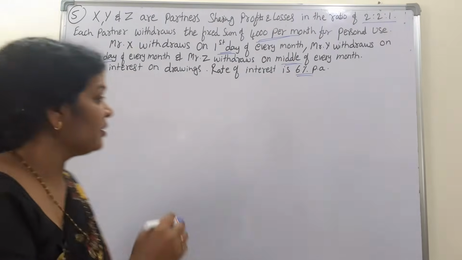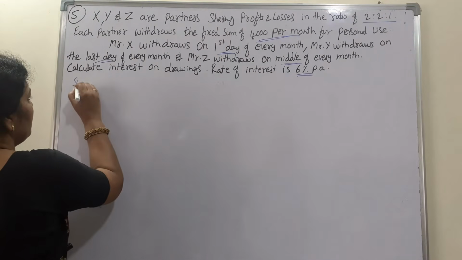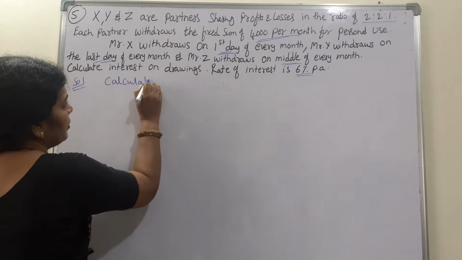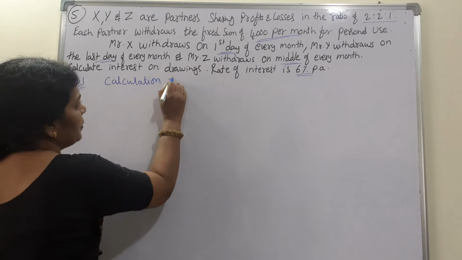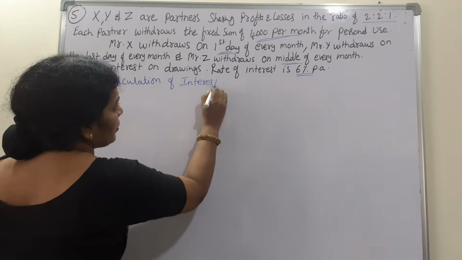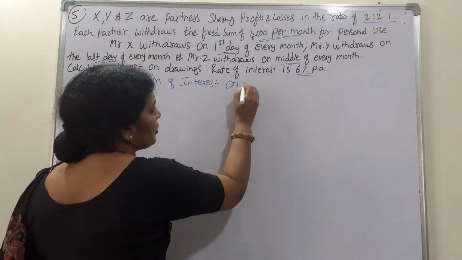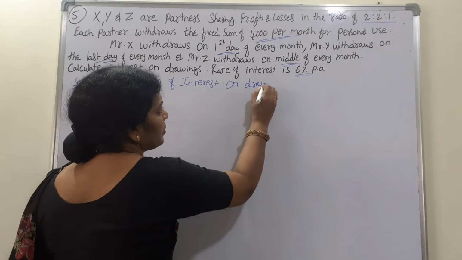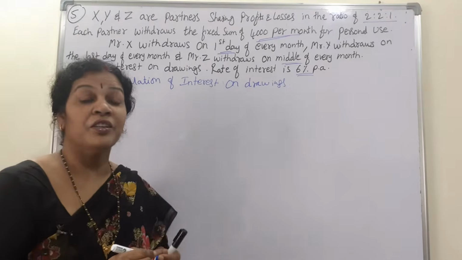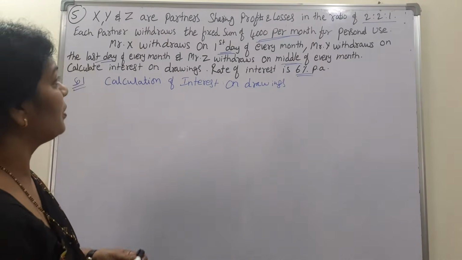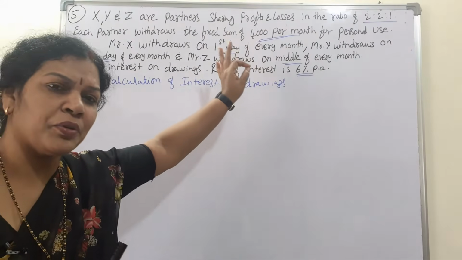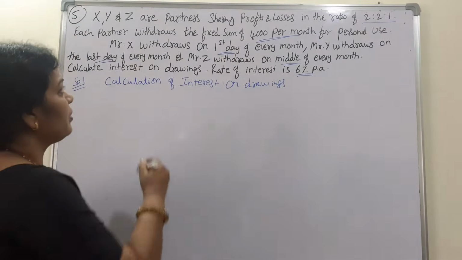First, what do we write? Calculation of interest on drawings. First, we'll calculate the total drawings. They said 4,000 per month. Every partner is drawing 4,000 per month. That means the full year is how much?